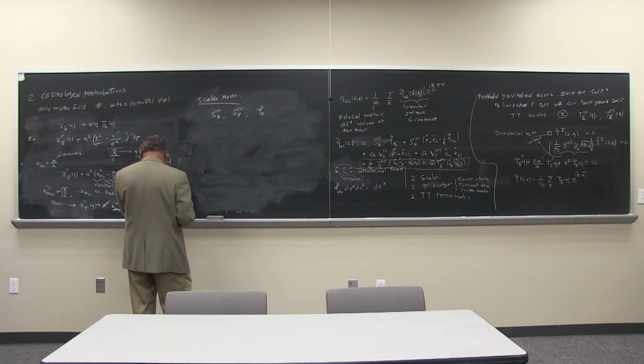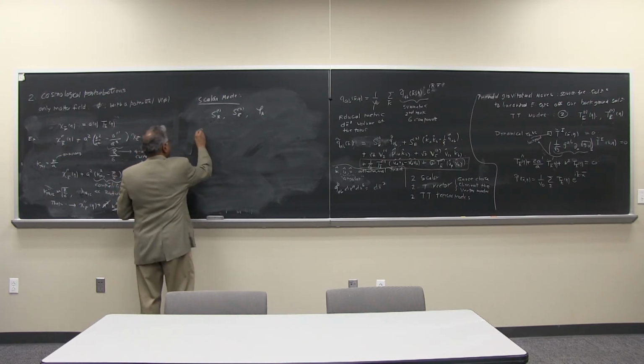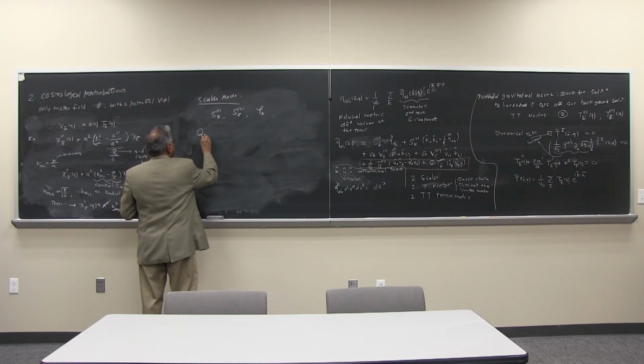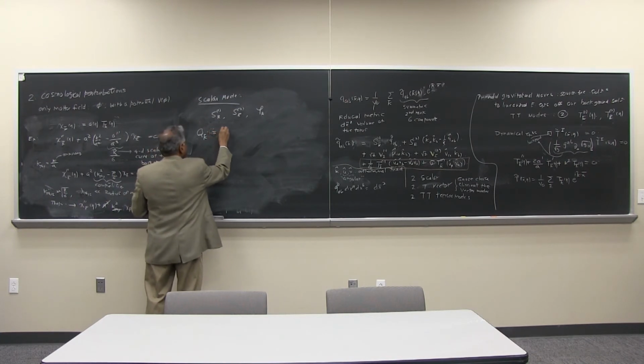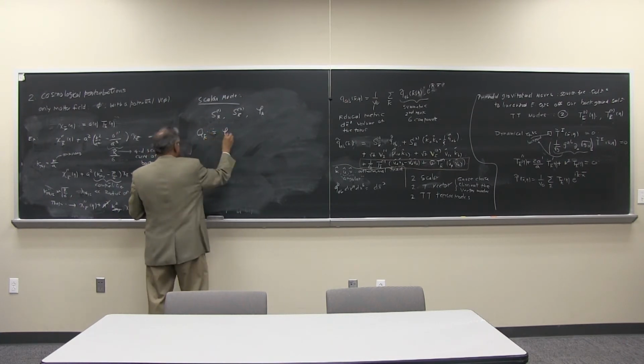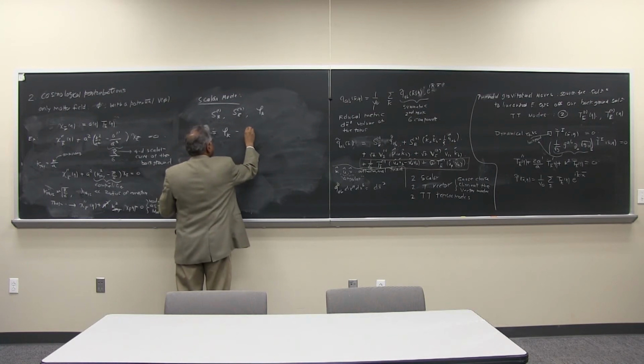QK, I'll not write eta, it is of course a function of eta. QK is equal to phi K minus S2 dot.